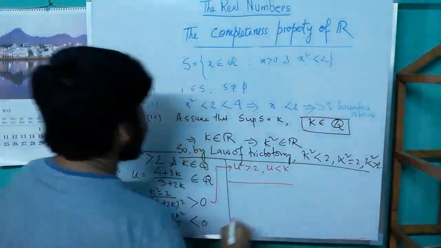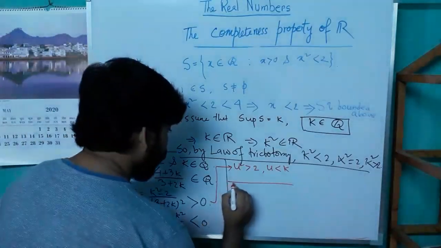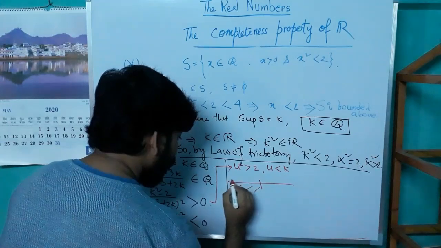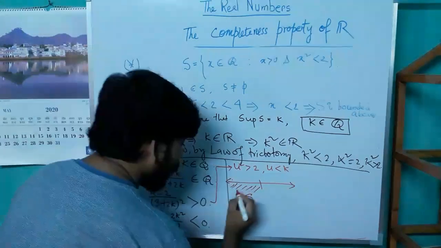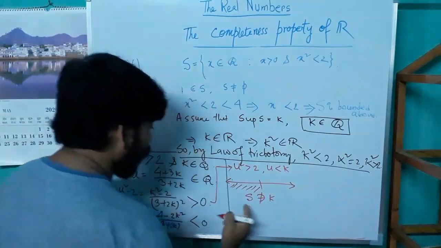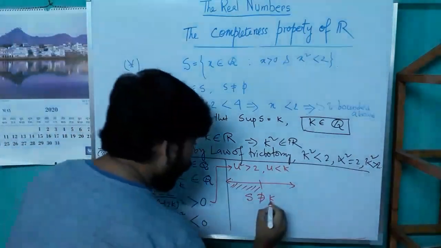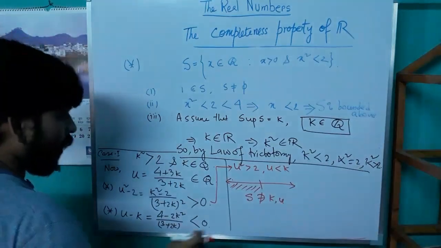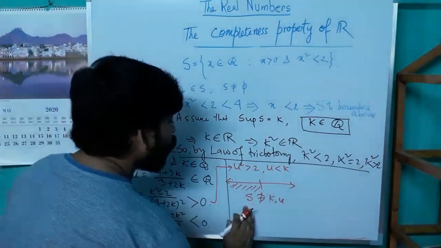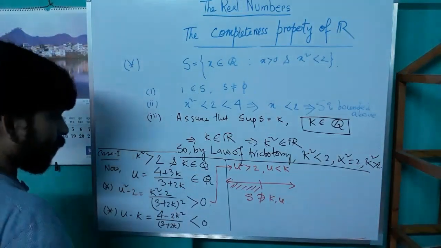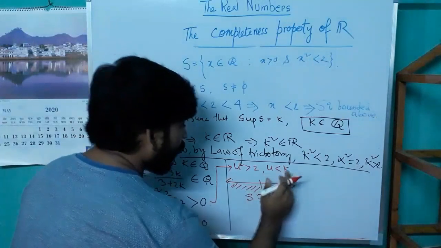So if this is the set S, then the element k does not belong to S, as well as the element u does not belong to S. So u and k both lie outside of the set S. And moreover, u is smaller than k.